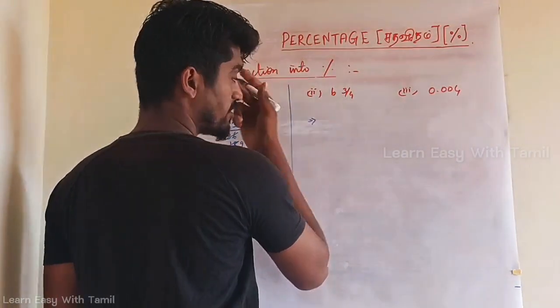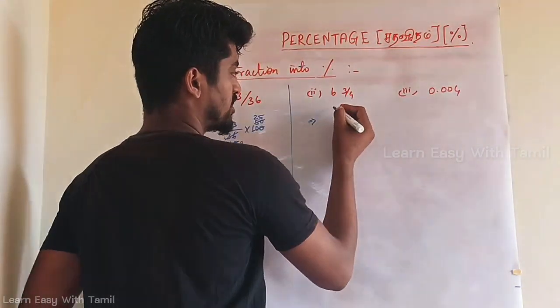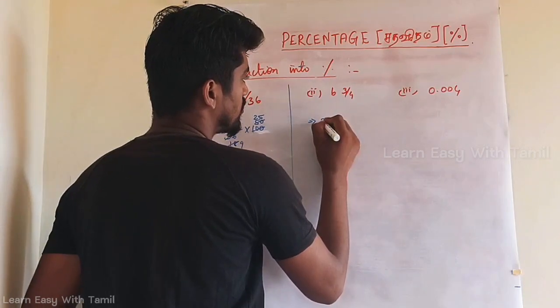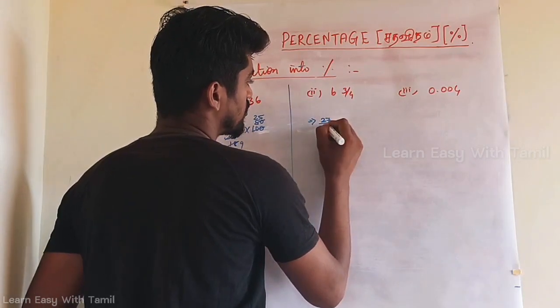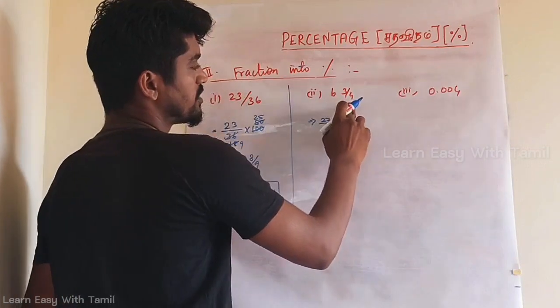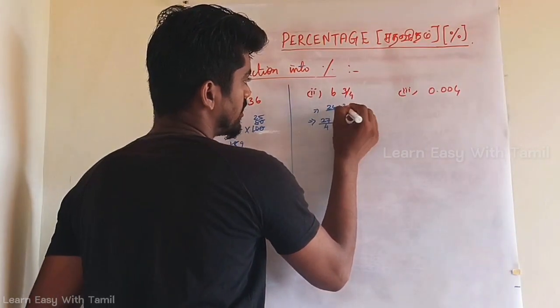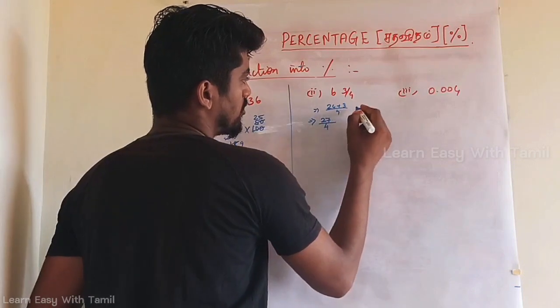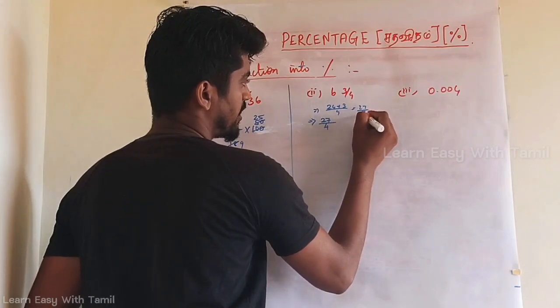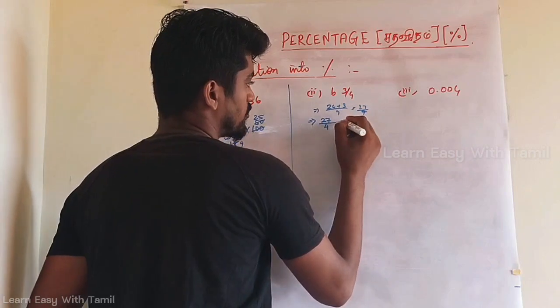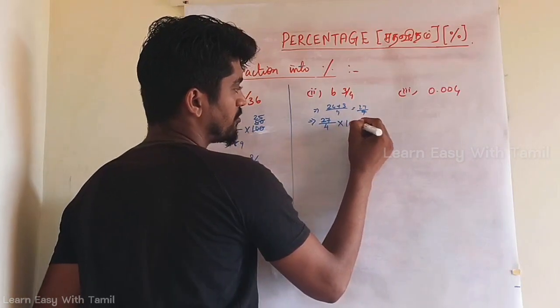The second is we have to convert into fraction. 6 threes are 24 plus 3, whole divided by 4. We have to write 27 by 4. From this we have to convert into percentage.